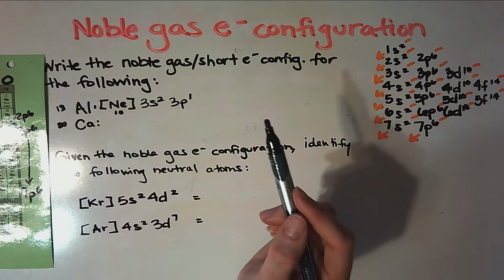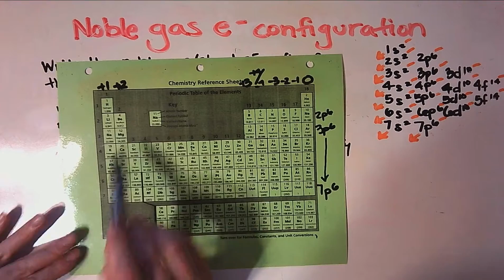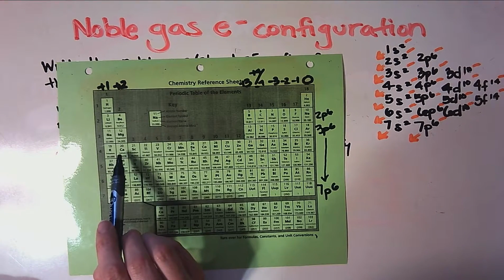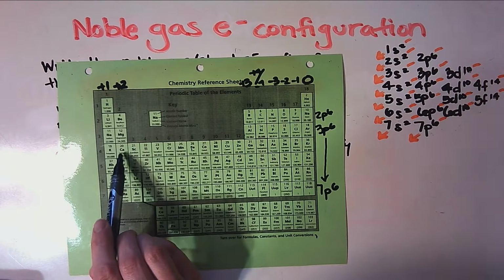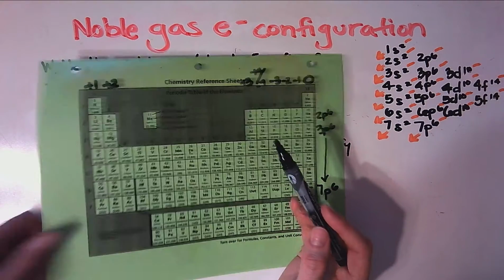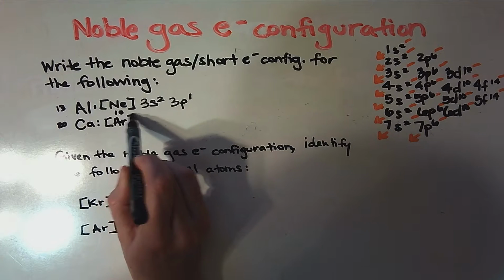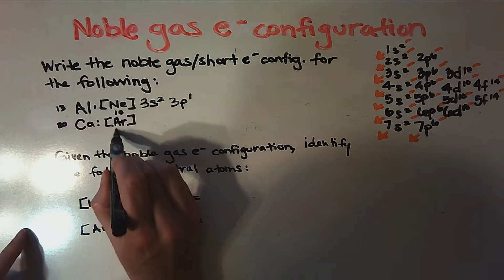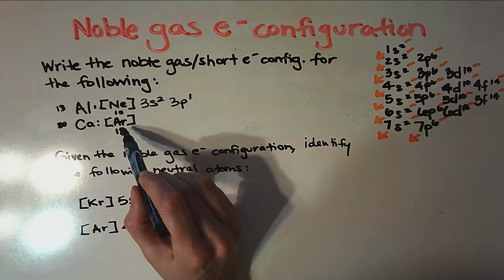All right, so let's try this for calcium. Here's calcium. It's in group 2, period 4. So I'm going to find the noble gas in the period above. That's argon, so I'm going to write argon in brackets. Argon has 18 electrons. I'm going to make note of that, and find where argon ends.